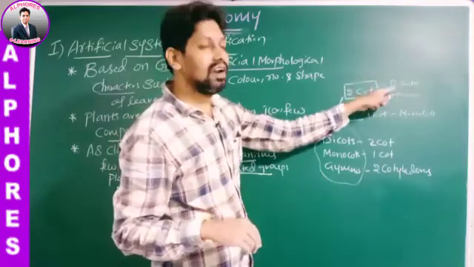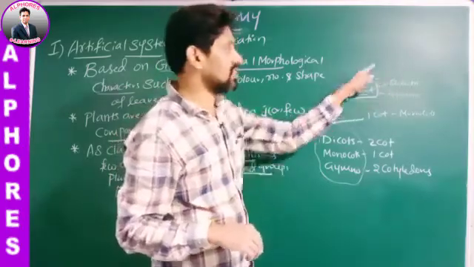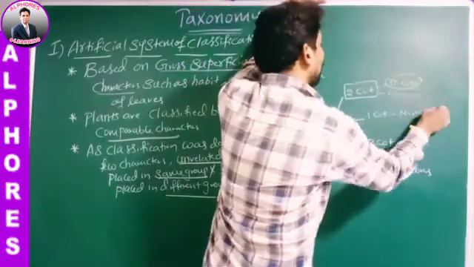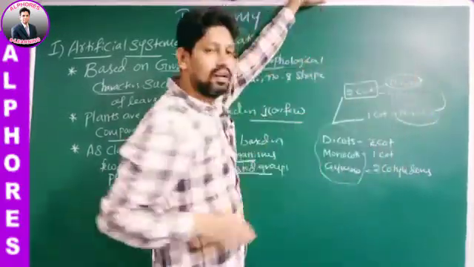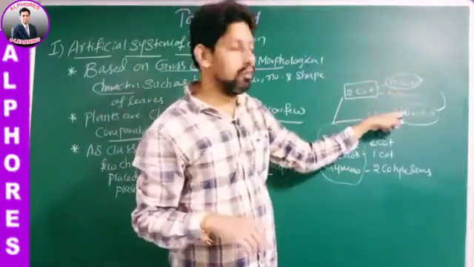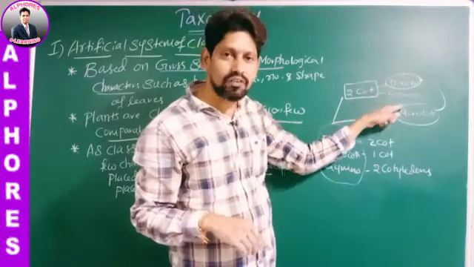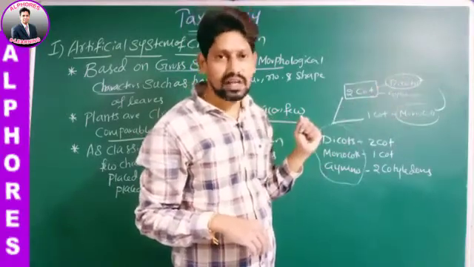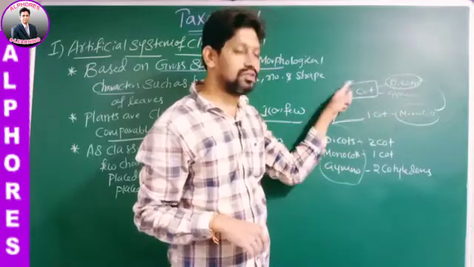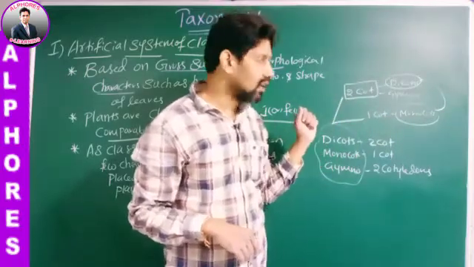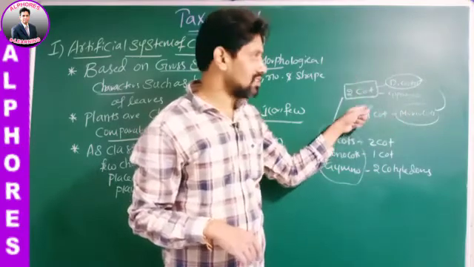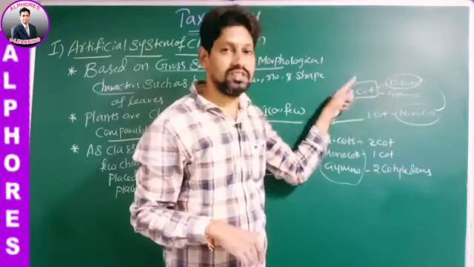They are unrelated organisms, yet they came into the same group. Dicots and monocots, to some extent, resemble one another. How, sir? Both contain fruit, both are with seeds. They are spermatophytes, no? Therefore, related organisms were placed in different groups, whereas unrelated organisms were placed in the same group.